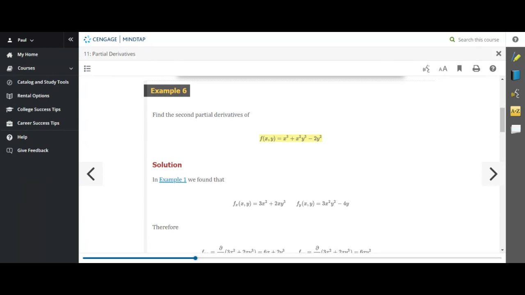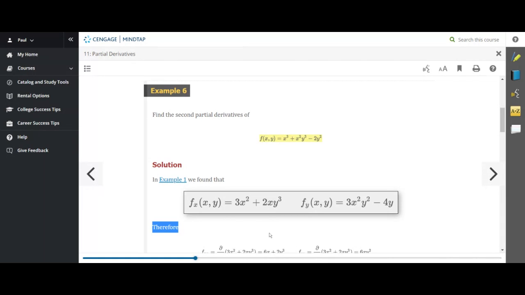Okay, well, the first partial derivatives are given here. That's the first step. You can't get to the second partial derivatives until you do the first partial derivatives. So there you have your first partial derivatives.